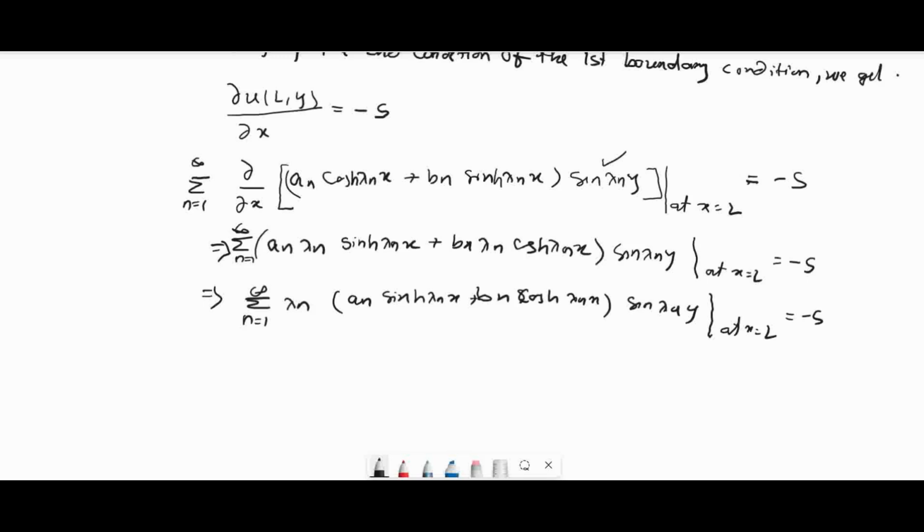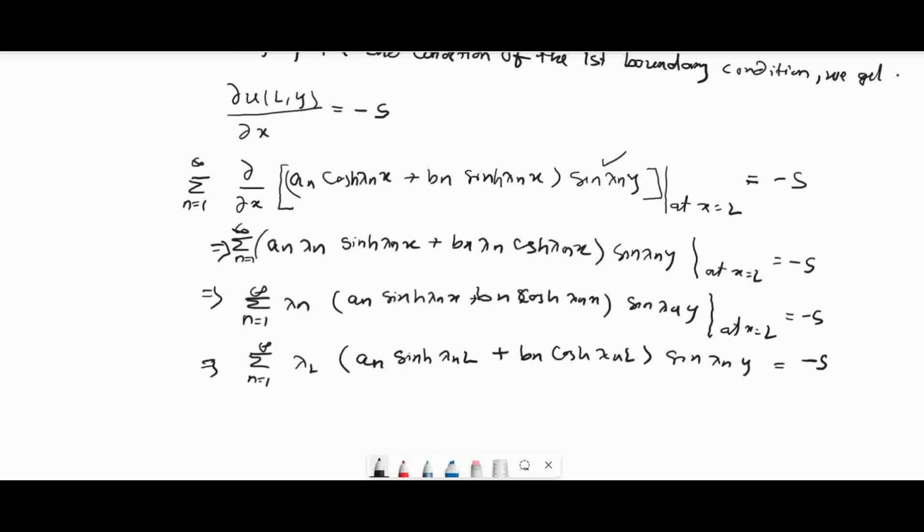Let us now replace x by L. We get summation of n is equal to 1 to infinity lambda n, then an sin h lambda n L plus bn cos h lambda n L into sin lambda n y equal to minus s.